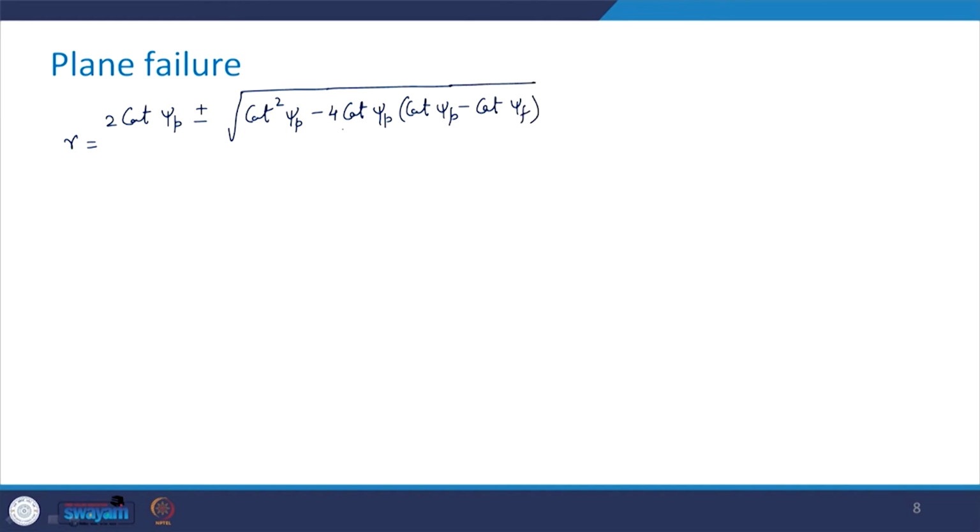This whole thing will be in the square root sign, this whole divided by 2 cot psi p. This is what we are going to get.